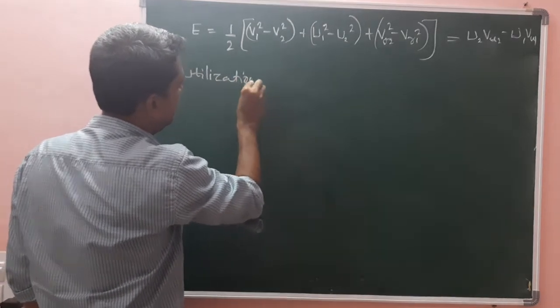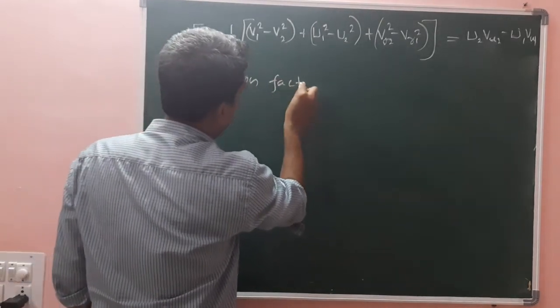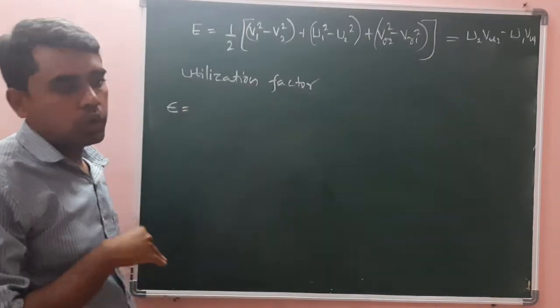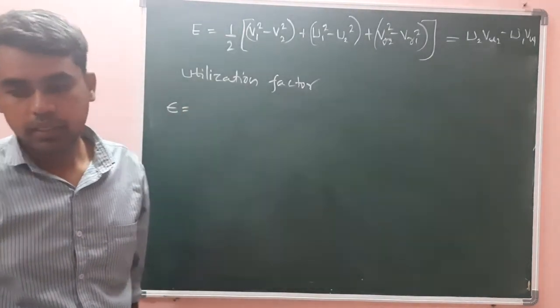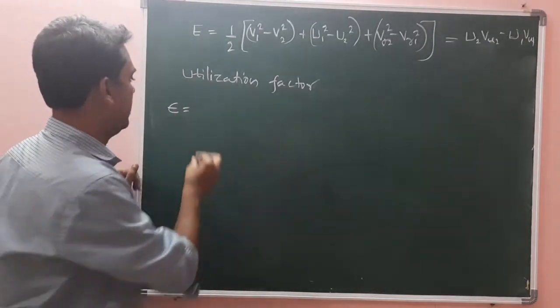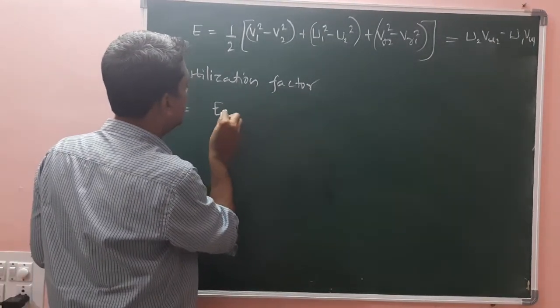Utilization factor is given by epsilon. It is the ratio of total energy utilized to the energy available.